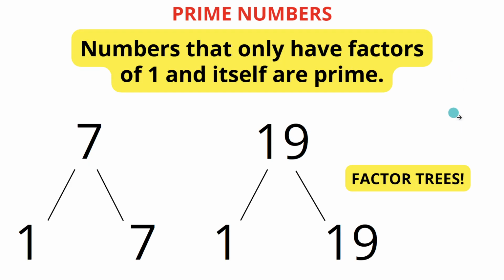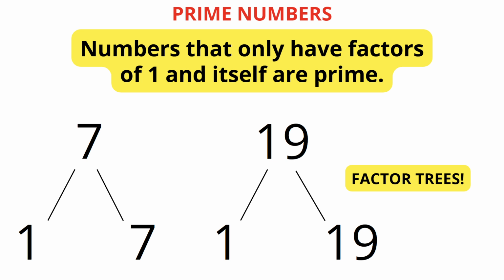We're starting to learn about prime numbers. Prime numbers are defined as numbers that only have factors of 1 and itself. So that means whatever numbers are multiplied together to get to the big number are factors. And here we can see if we factor tree down 7, only 1 and 7 multiplied together as factors to be 7.